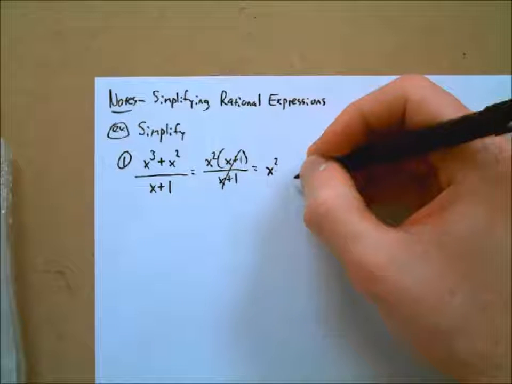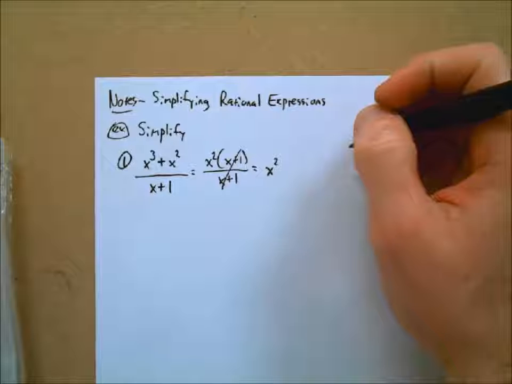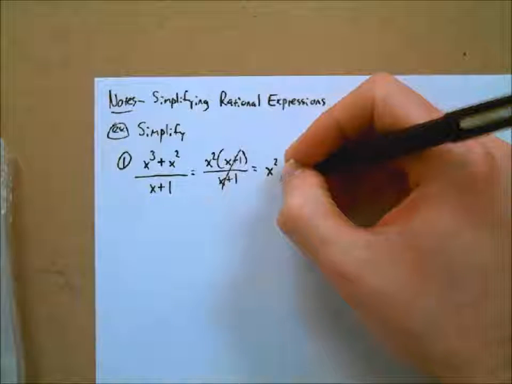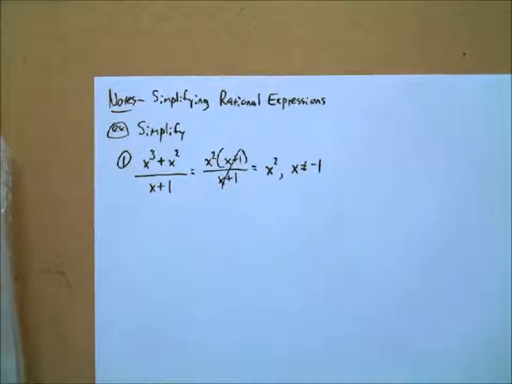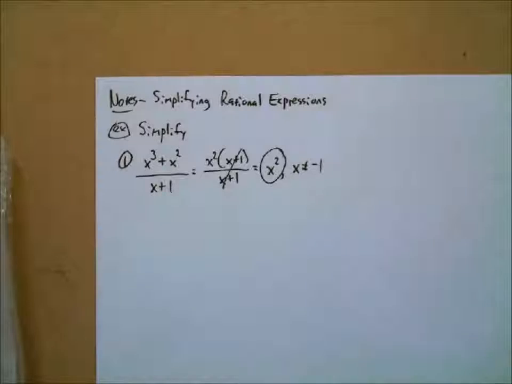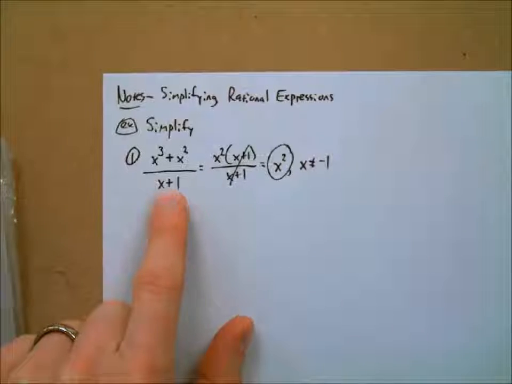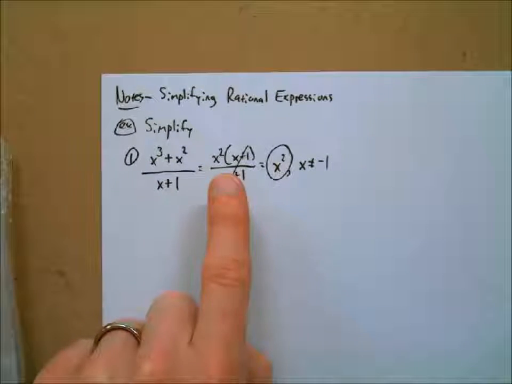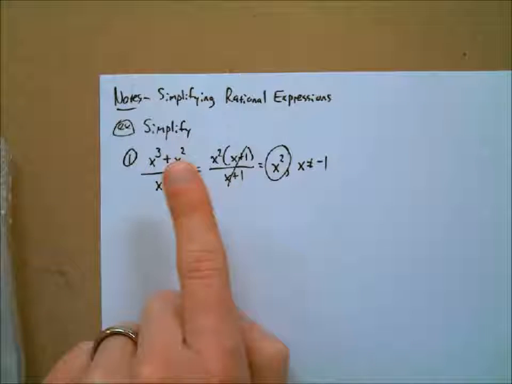Okay? And again, if we want to be pedantic, I will put that x is not equal to negative 1. The reason I put that there is that we're saying this is equal to this, which is then equal to this, but our final answer is not exactly equal to our original problem.